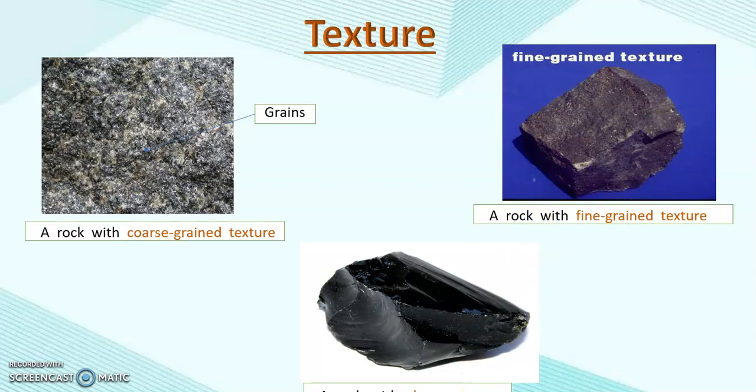And number 3 is a rock with glassy texture. Again, number 1, a rock with coarse grain texture. Number 2, a rock with fine grain texture. And number 3, a rock with glassy texture. So those are the different textures of rocks.